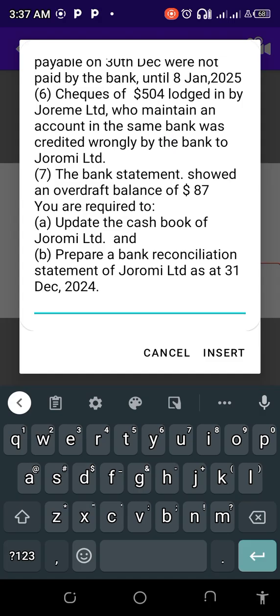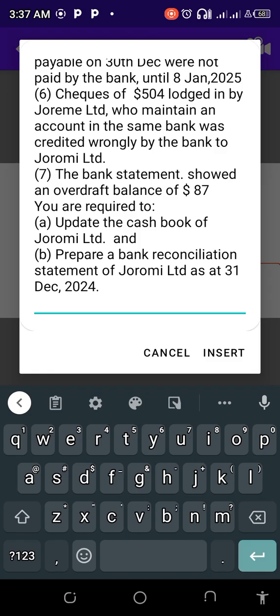Now, let us explain how we're going to go about this question. There are only two sections of reconciliation: the adjusted cash book and the reconciliation section.